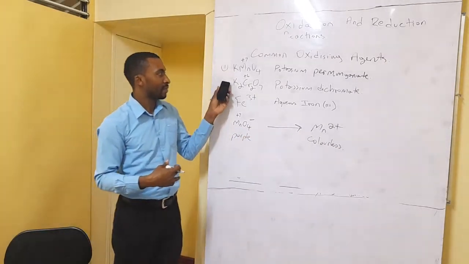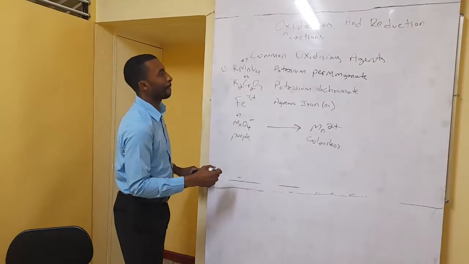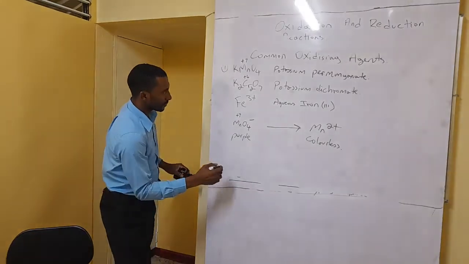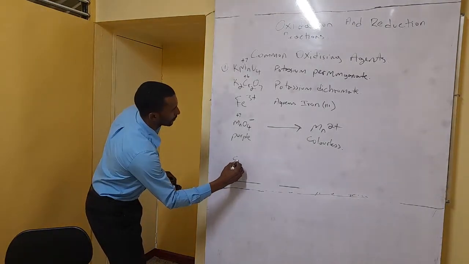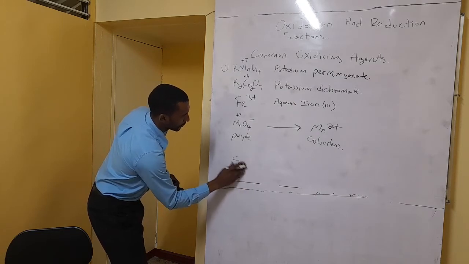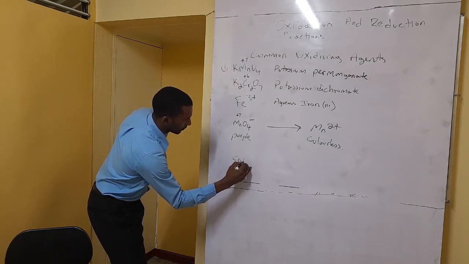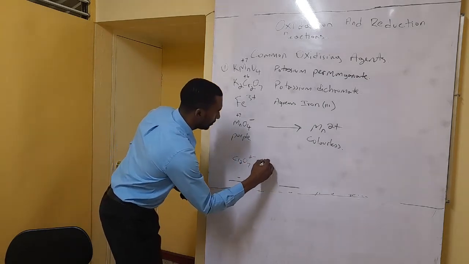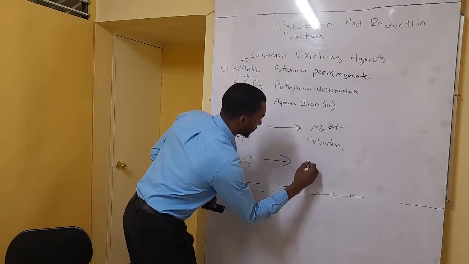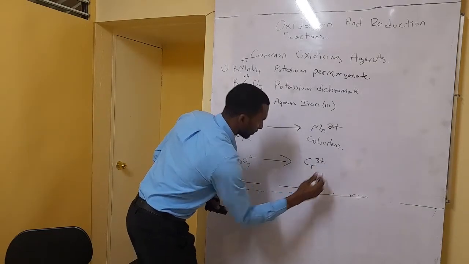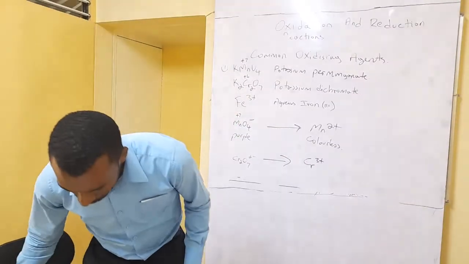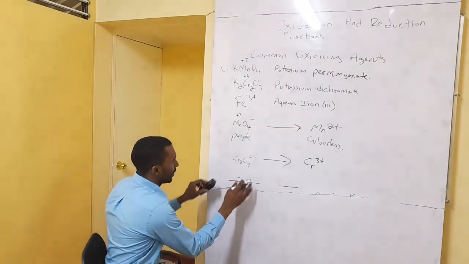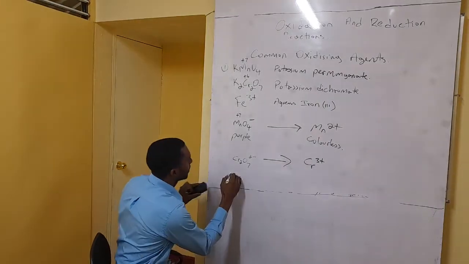Alright, our potassium dichromate is orange, there's a color change.